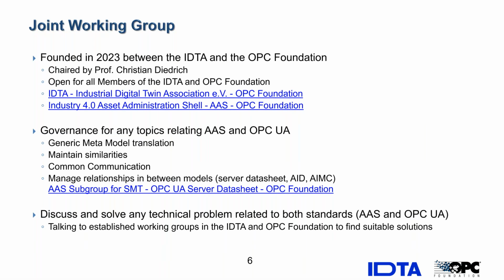So this is a black box because it's just a server reference. And then with AID and AIMC, we have, I call it, white box view. There you can relate directly from an information element inside the information model to an information element in the other information model.